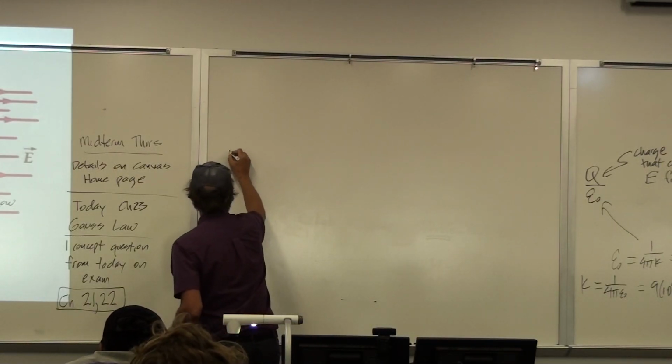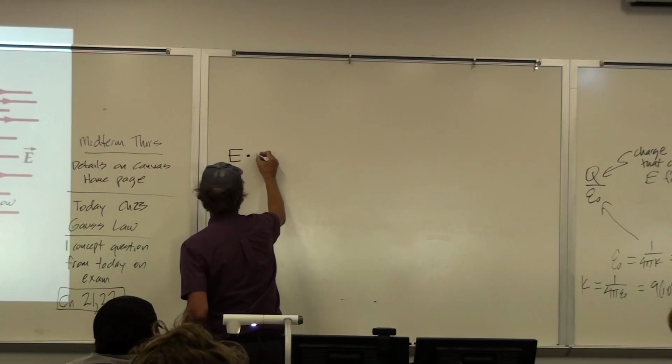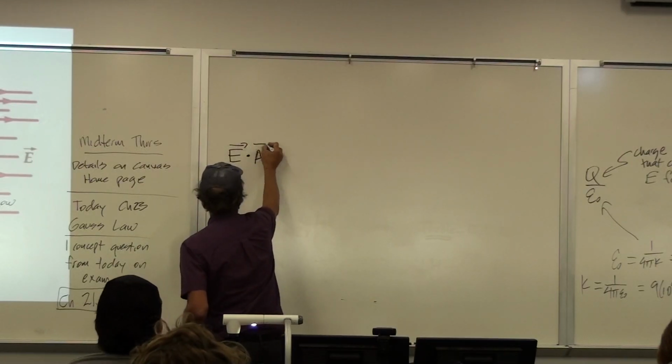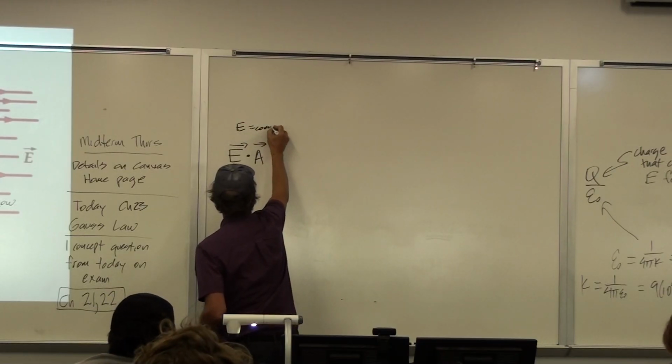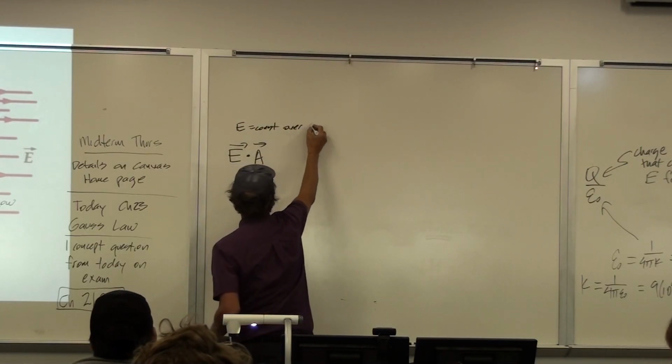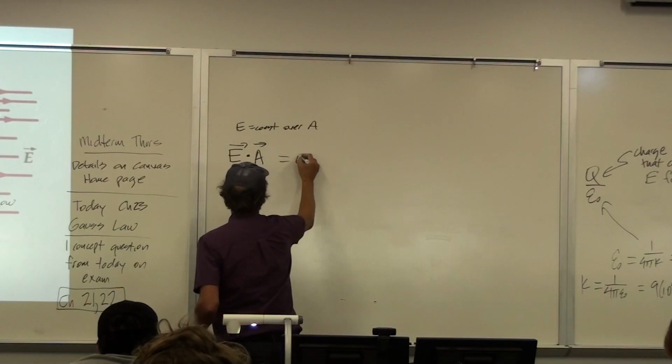And so for our example then, E dot A, where E is constant over A, flux.